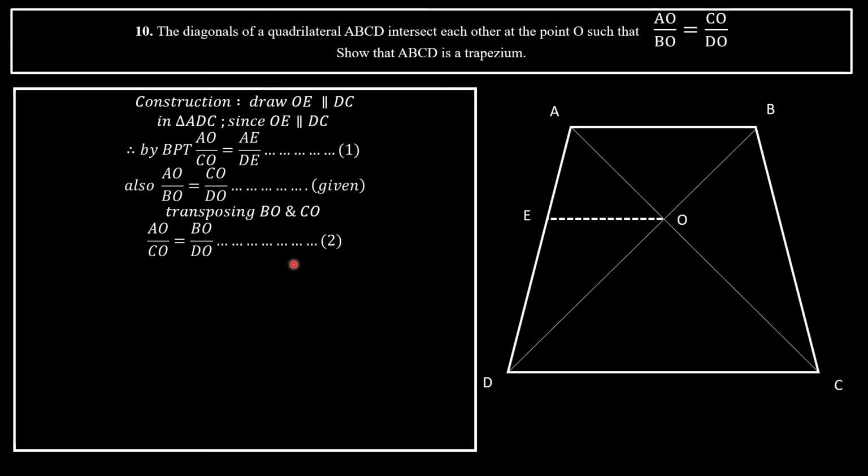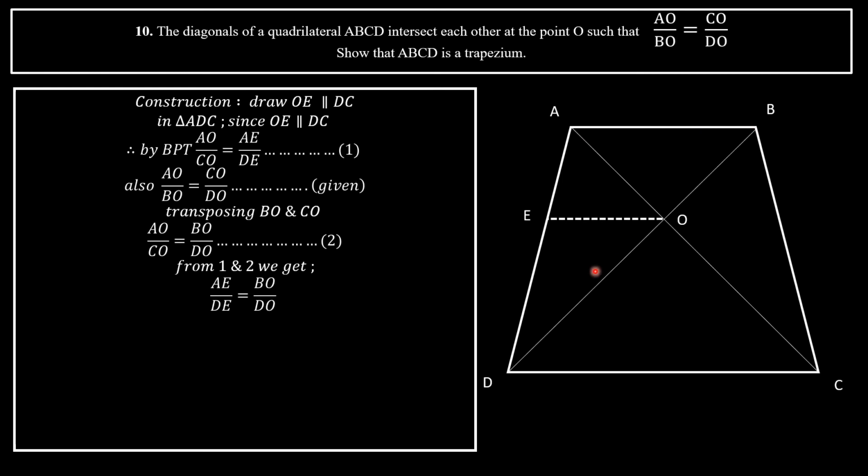Okay, so now see, from 1 and 2, AO upon CO is equal to AE upon DE as well as BO upon DO. So from 1 and 2, we get that AE upon DE is equal to BO upon DO.